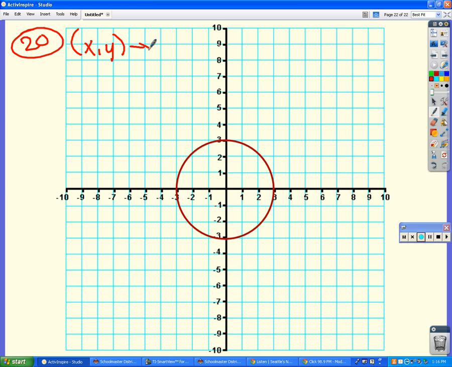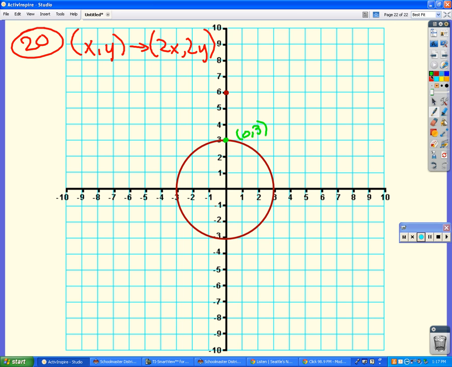We're going to take the x and y coordinates and double them both. So once again, give me a nice easy point on the circle that we could use. 0, 3. So if I take the point 0, 3 and double both of the coordinates, what's my new coordinate going to be? 0, 6. So that'll be this new point up here.